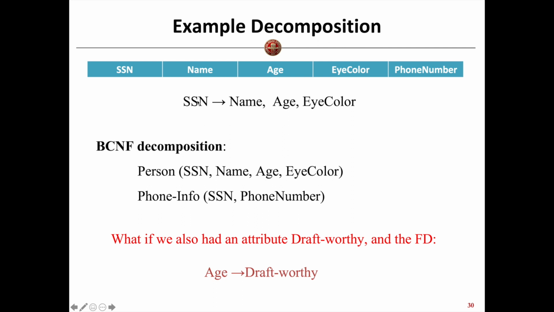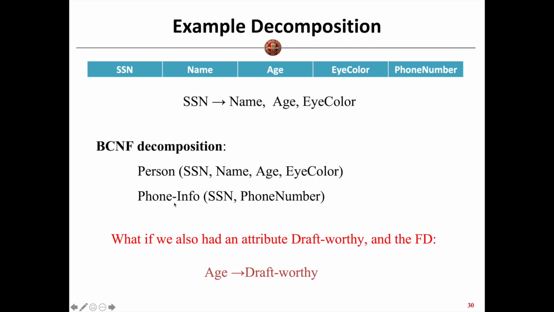This is the A attributes we showed before. This is the B attributes we showed before, right? We combine these A and B's together to form a new relation. At the same time, we also combine the A's with the other attribute, phone number. They will compose another relation, SSN and phone number. We will give it the name, the phone information of a person. In this way, we can decompose the original relation into two relations, right? This is R1, this is R2.